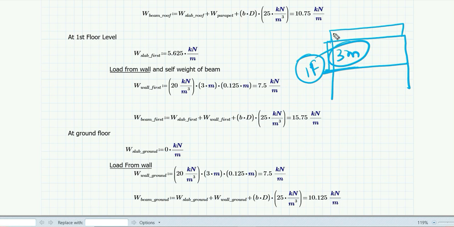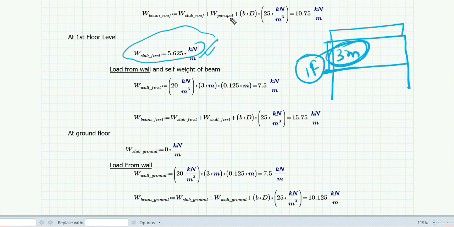And in this problem it is not mentioned that the slabs are not identical, so we are assuming that all the levels are identical. So there is no change in the weight of the slab, but there will be changes in the weight of the wall.